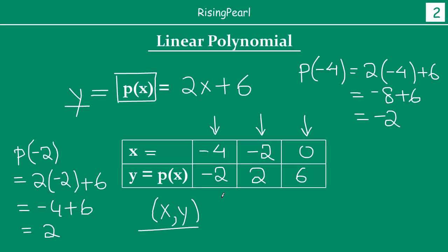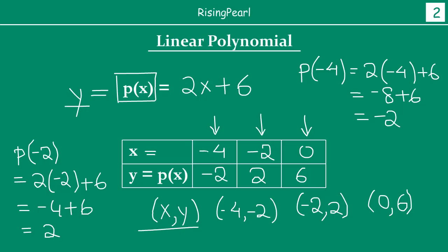So this point will be minus 4, minus 2. The second point will be, first we write the x, which is minus 2, and then the y coordinate, 2. And lastly x is 0 and y is 6.